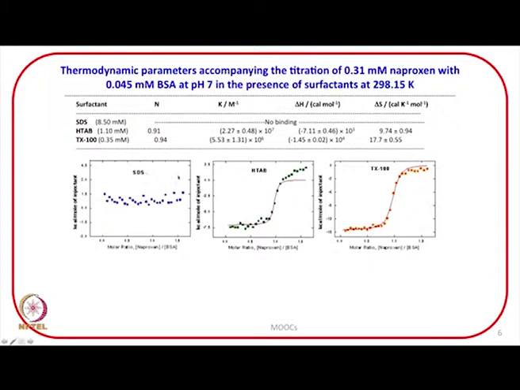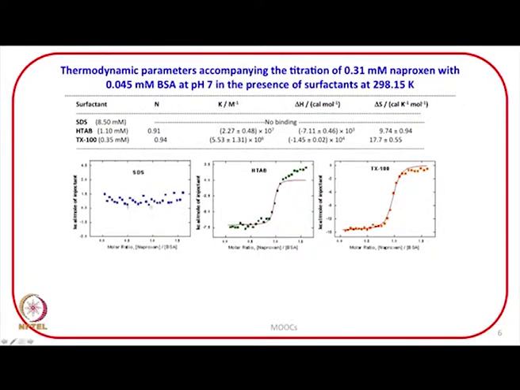SDS, sodium dodecyl sulfate, is an anionic surfactant. TX100, Triton X-100, is a non-ionic surfactant, a neutral surfactant.